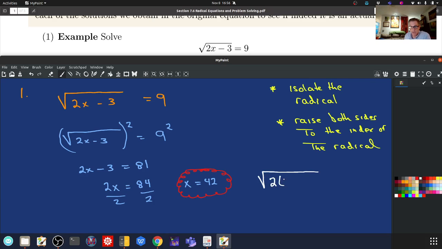The square root of 2 times 42 minus 3. And all you want to do is see if it's actually equal to 9. I don't have to worry about the 9. I can leave that there by itself. Just keep it in my memory. So that is 2 times 42 is 84, minus 3. And that's the square root of 81. And the square root of 81 is equal to 9. So this is the solution.